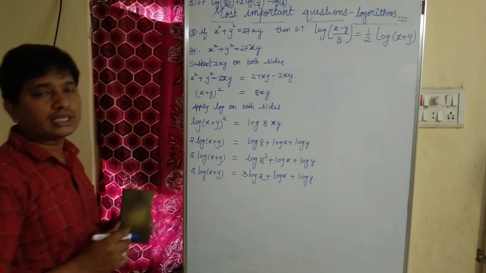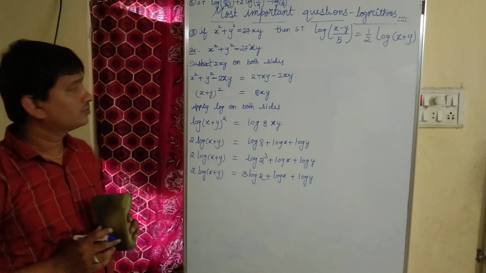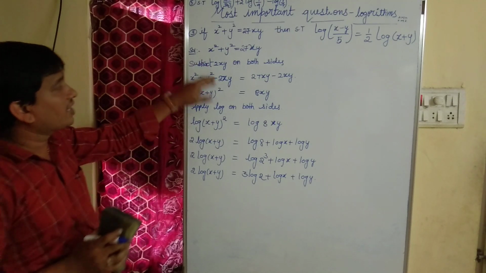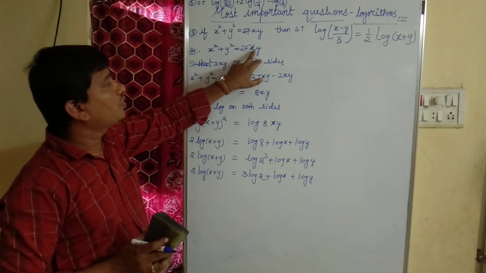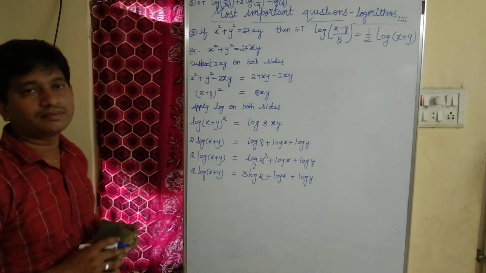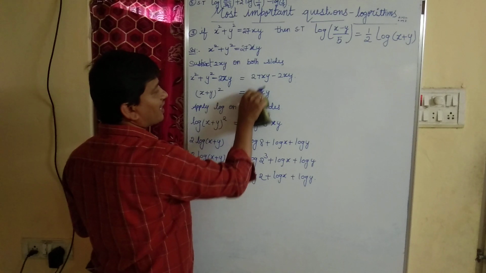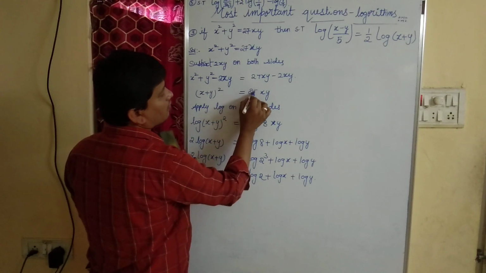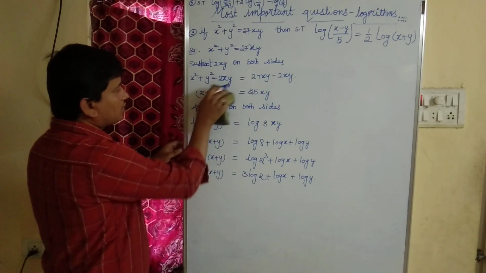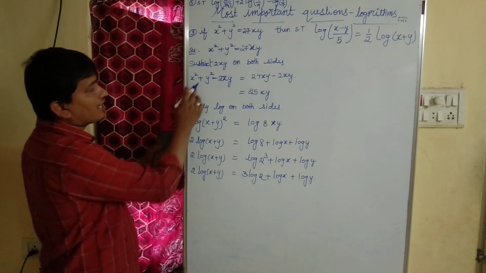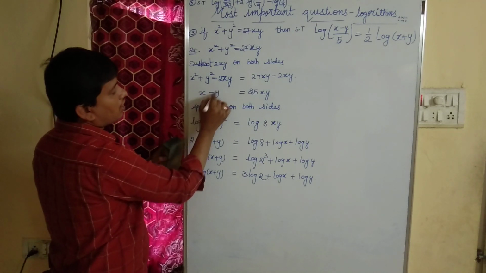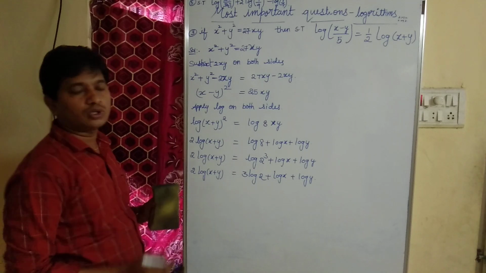So x square plus y square minus 2xy equals 27xy minus 2xy. 27xy minus 2xy is equal to 25xy. So x square plus y square minus 2xy is the formula of (x minus y) whole square.